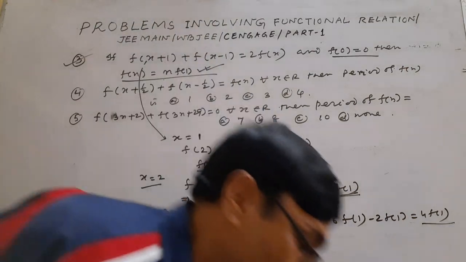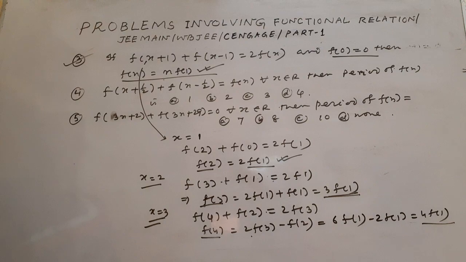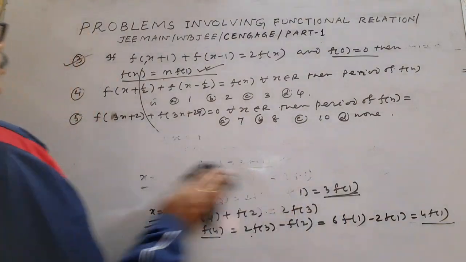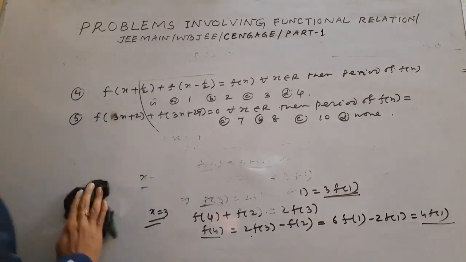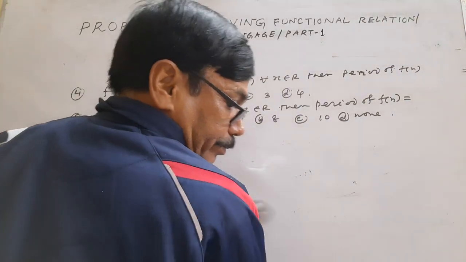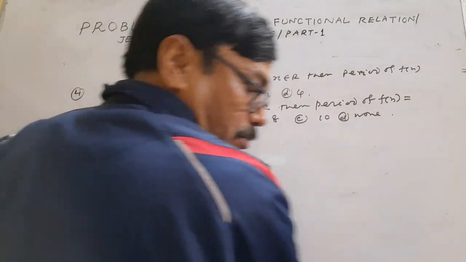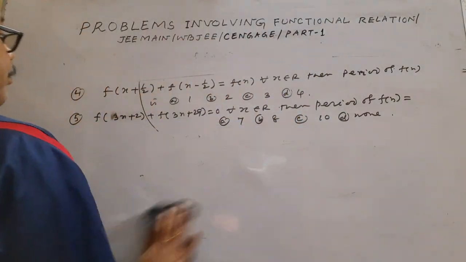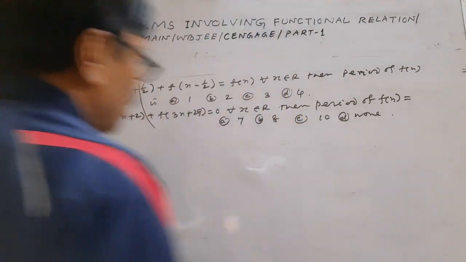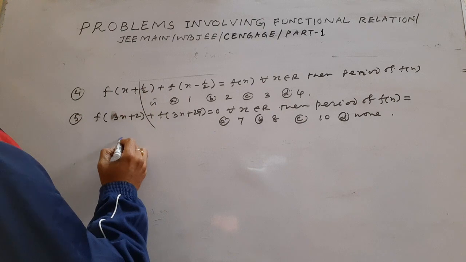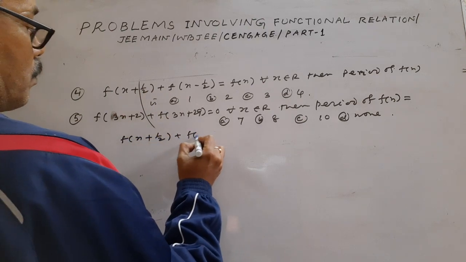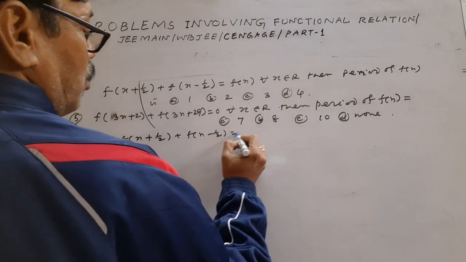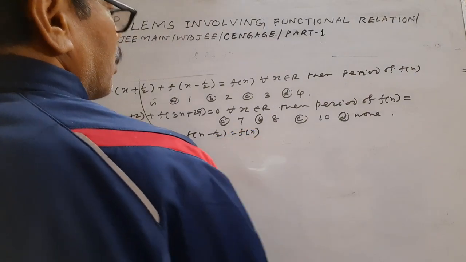Now, problem number 4. The relation is f(x plus half) plus f(x minus half) equals f(x).